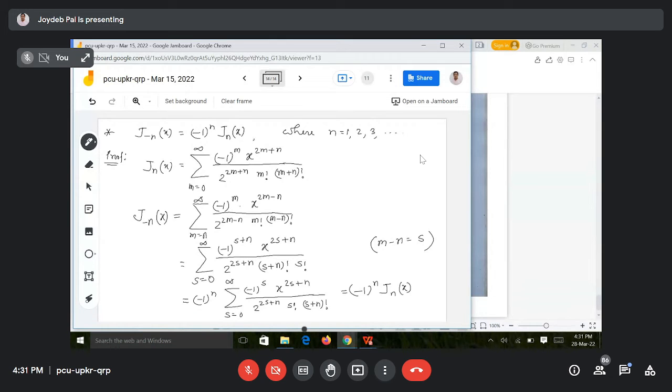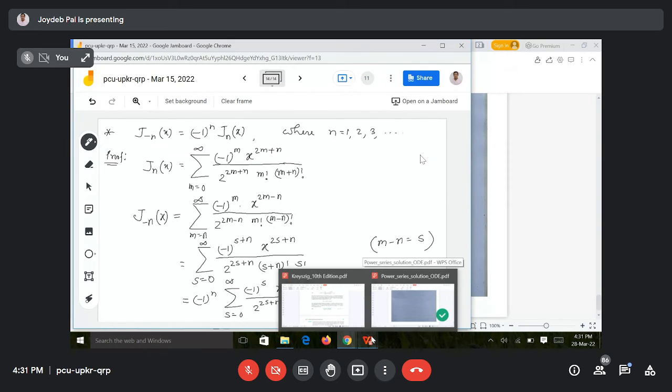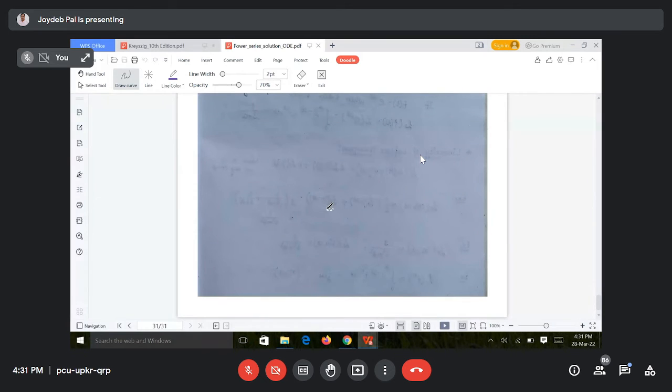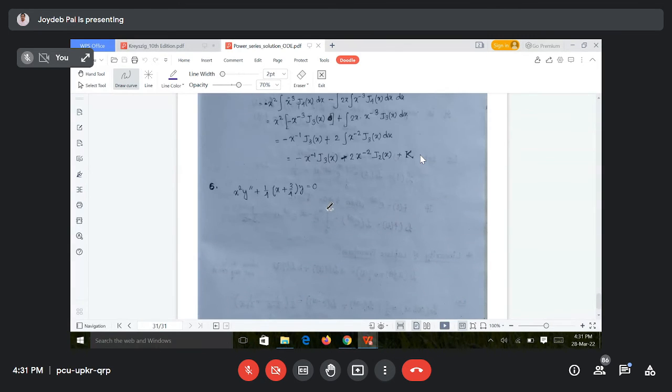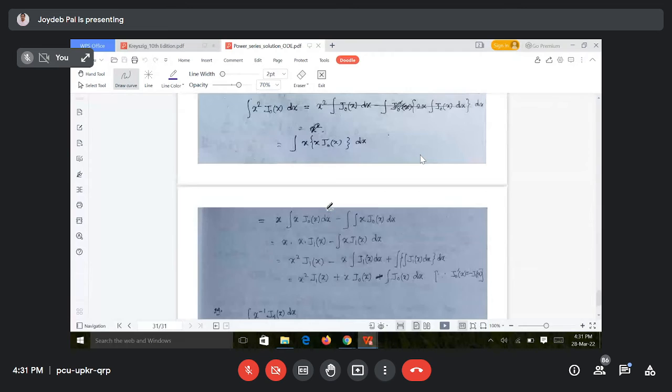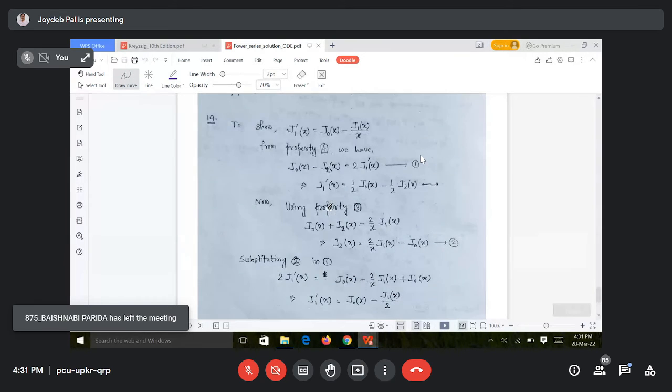So do you have to remember this derivation? Yes, you have to remember. It is not written in my notes. Mostly I have written as I can remember.